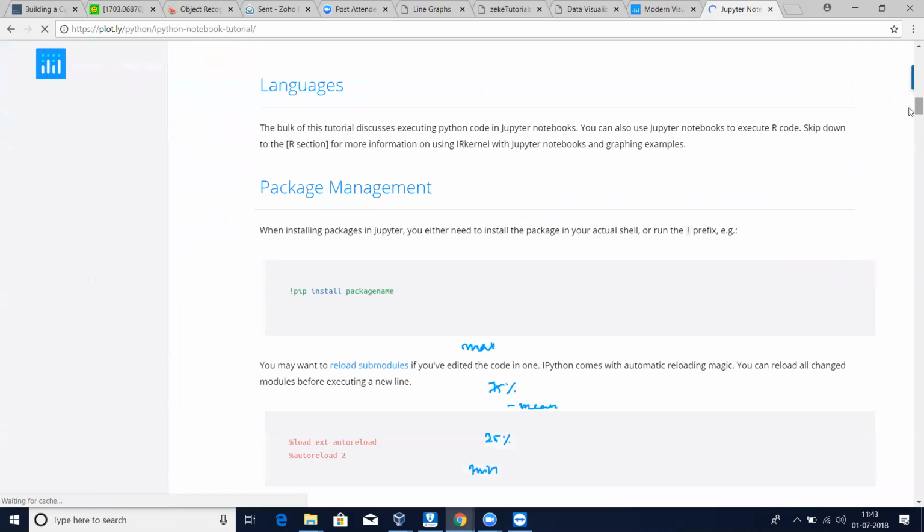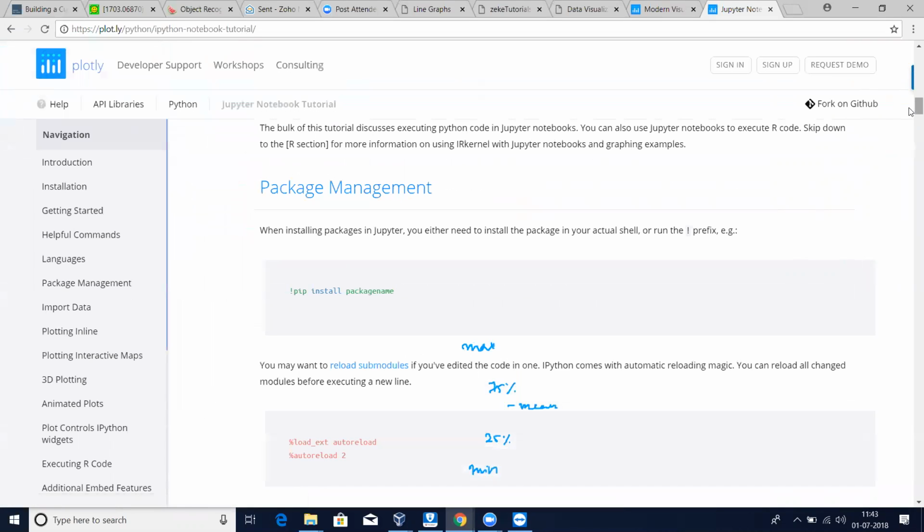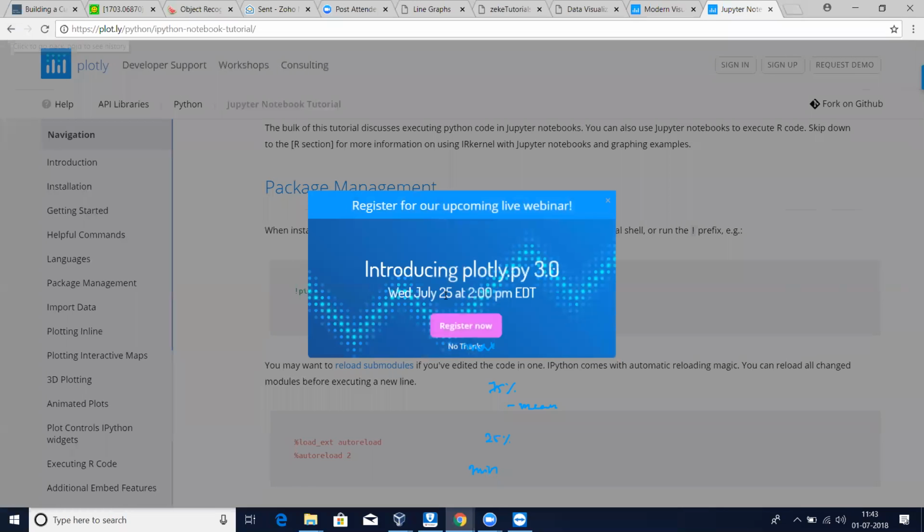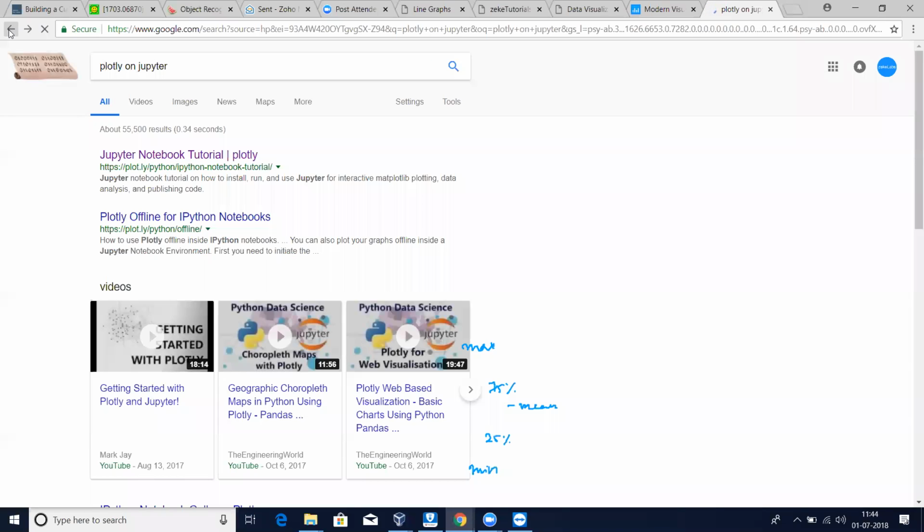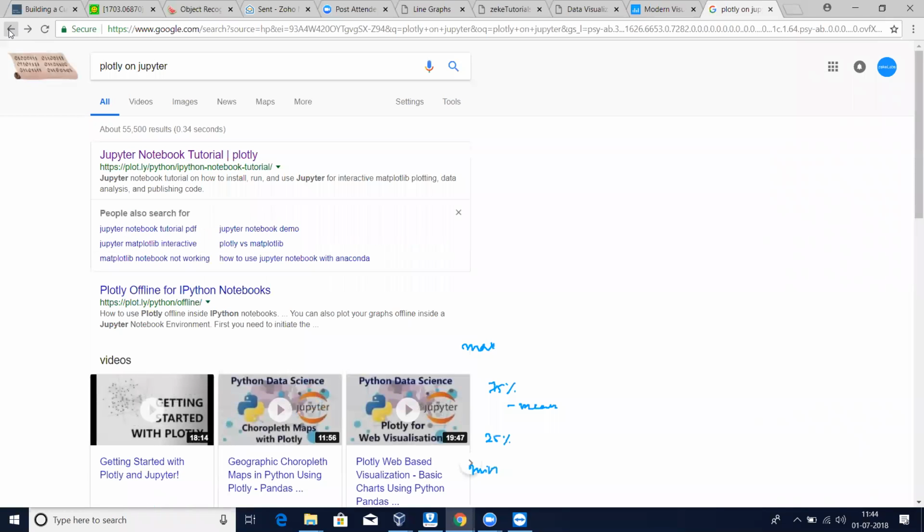This is for the Jupyter notebook, I think. Anyway, these are the two things. We'll start with mostly Matplotlib, but these days I'm introducing Plotly also because a lot of companies have started using that, though it is not free.